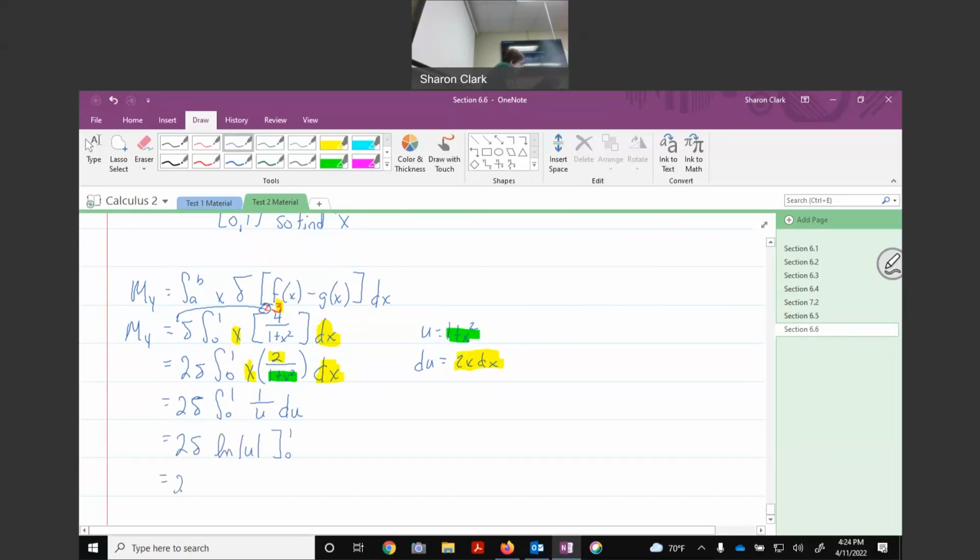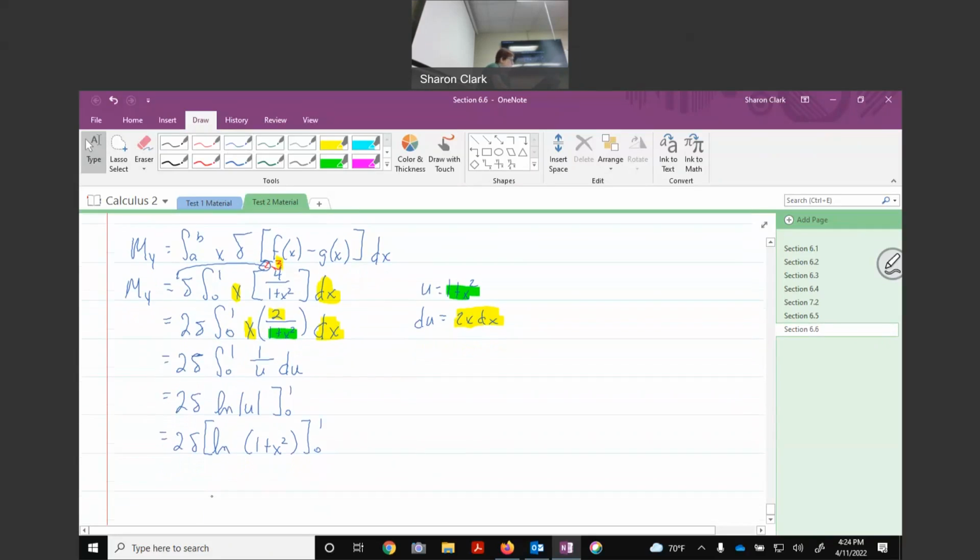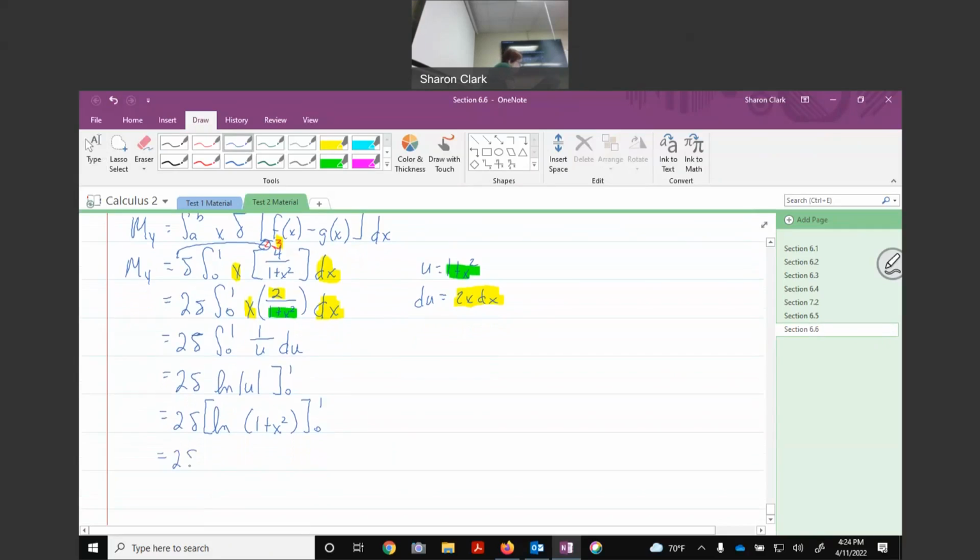Okay, so that's 2 delta ln of 1 plus x squared. Now we could put parentheses, because the x squared is positive no matter what we plug in, but we're plugging in 0 to 1, which are positive numbers. So that gives me 2 delta ln of 1 plus 1 squared minus ln of 0. Okay, so that's 2 delta ln of 2 minus 0.